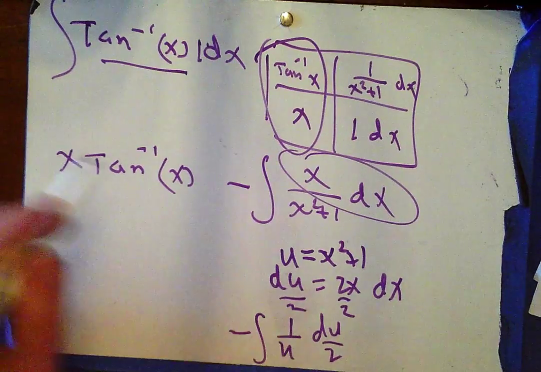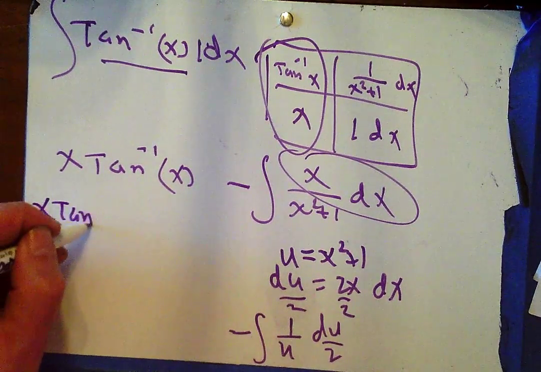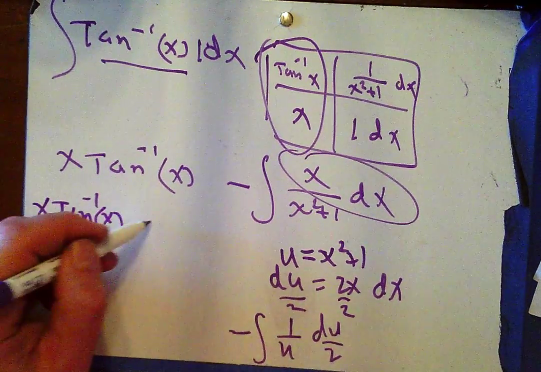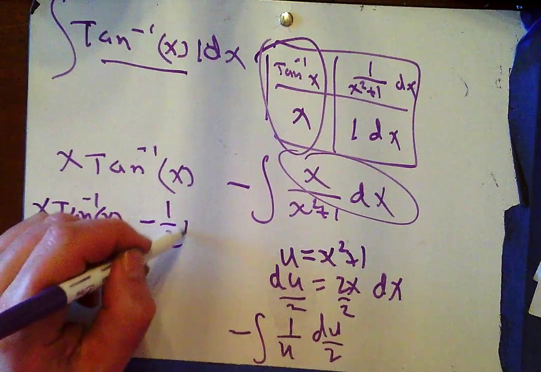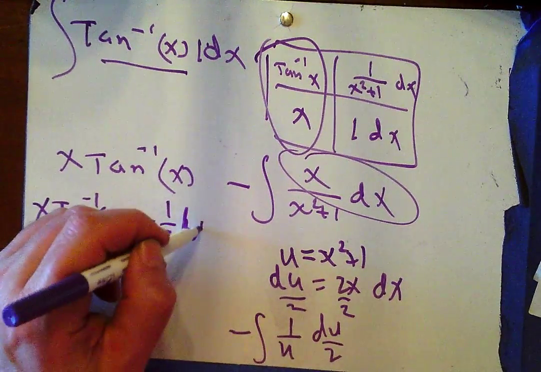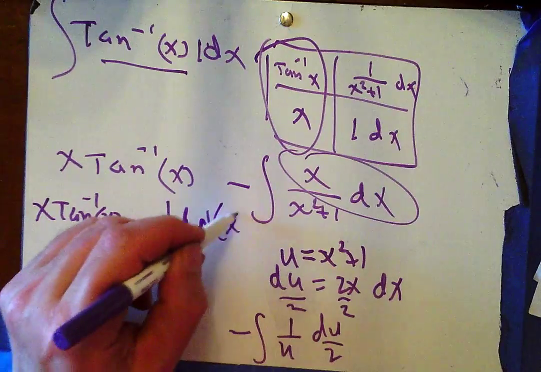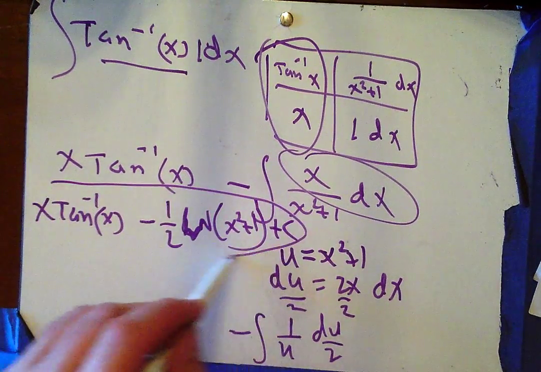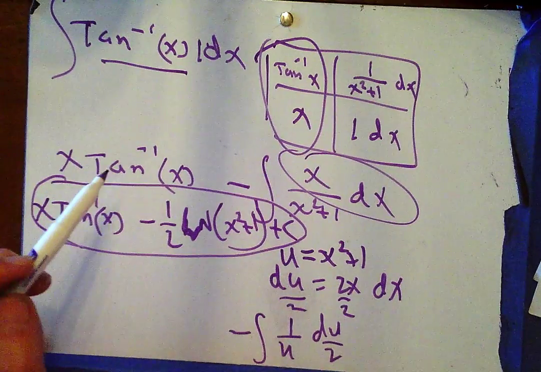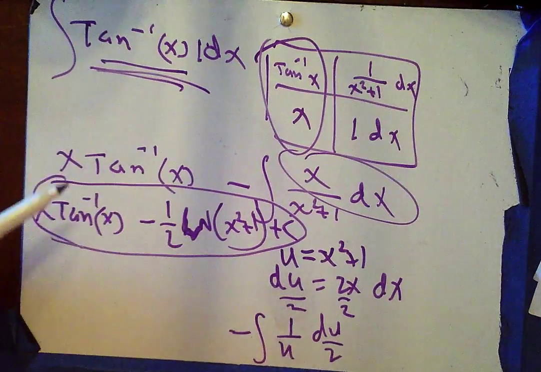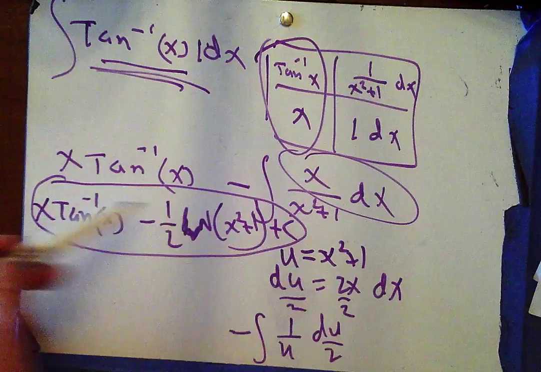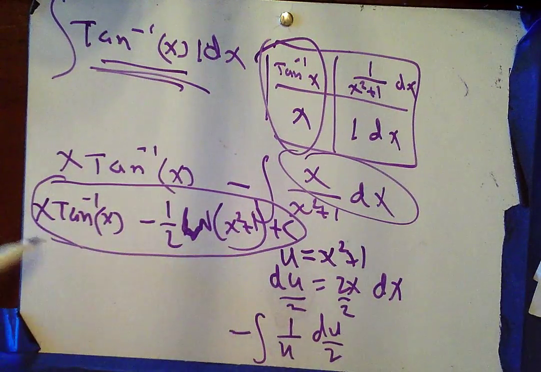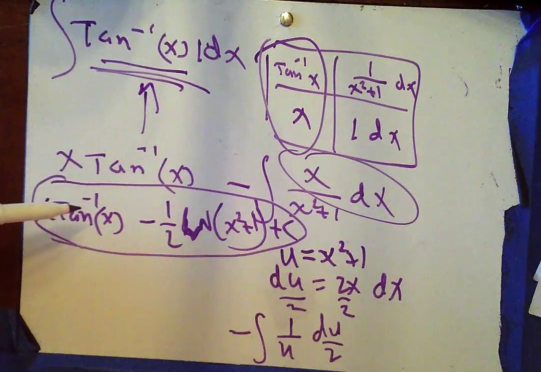So that's going to be x tangent inverse of x minus 1/2 ln of x squared plus 1 plus c. That is my integral of inverse tangent. So if I take the derivative of this, I end up with that.